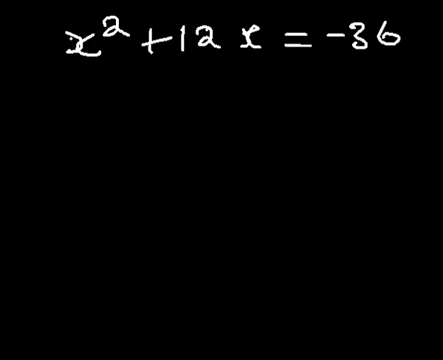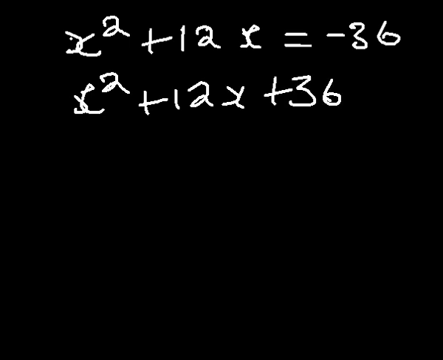It is the same as solving for x here, but we would like to see whether those values of x will really satisfy the equation or not. So we have x squared plus 12x plus 36 is equal to 0. Next, we can solve for x using the factor method.